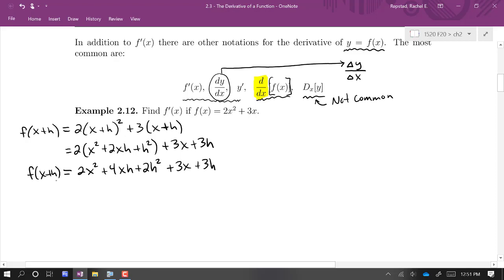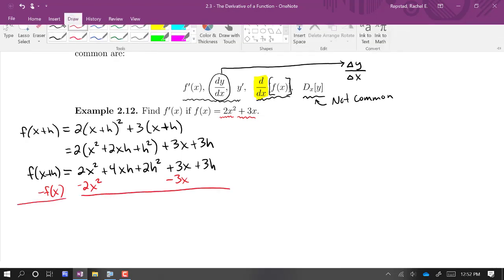And in the limit that we need to set up, the numerator is f of x plus h minus f of x. So let's subtract f of x from both sides. And if we're subtracting f of x, then we are subtracting 2x squared and subtracting 3x. So minus 2x squared minus 3x. And I like to line it up so that the like terms are aligned.